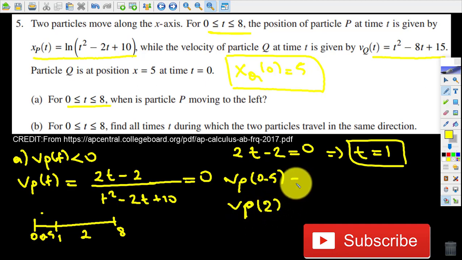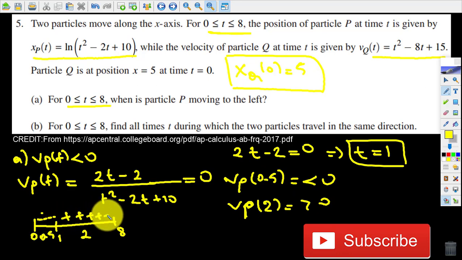You can easily calculate that. When I substitute 0.5 into the velocity function, the result is less than 0, which means velocity between 0 and 1 is always negative. Then when I substitute 2 into the velocity function, the result is positive, which means between 1 and 8 velocity is positive.